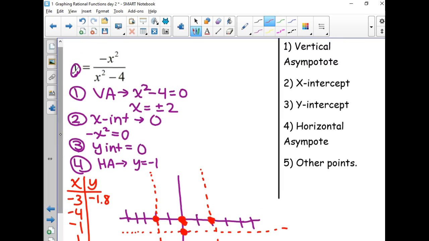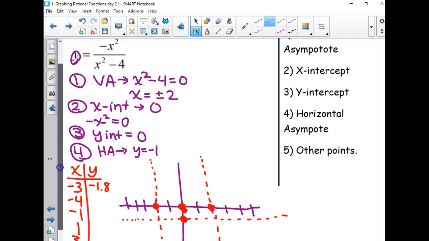I'll plug it in and see. Here, I have it. It's -16 over 12. Give me a second, okay? Yeah, it's the same thing as -4/3. Okay, so I can quickly do this for us using the graphing calculator.